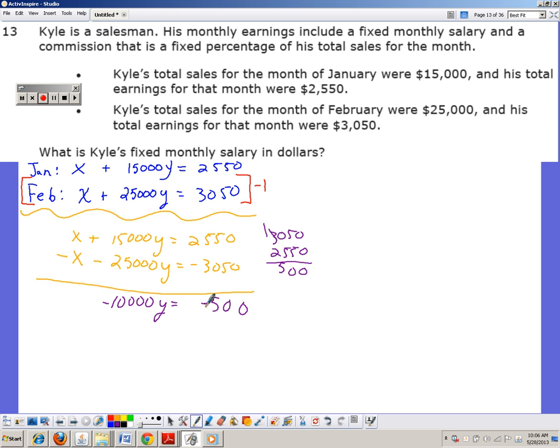To find Y, all we have to do is divide. Y equals a negative 500 divided by negative 10,000.